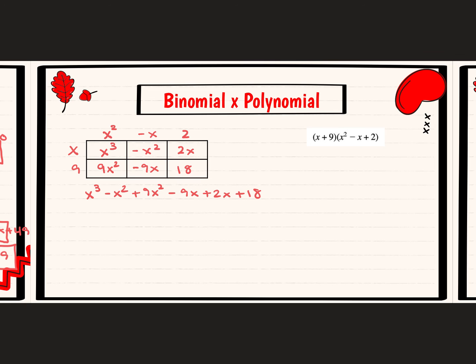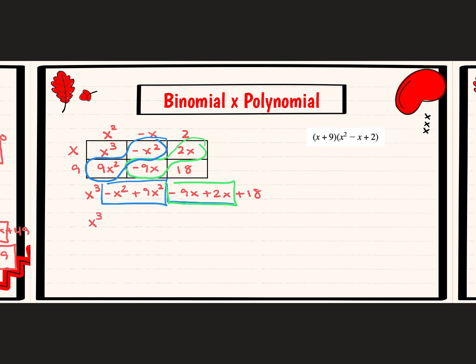All right, so here I can see I have like terms. And here I can see I have like terms. So again, if you look at your diagonal, we have like terms. All right, so my x cubed is going to stay the same.